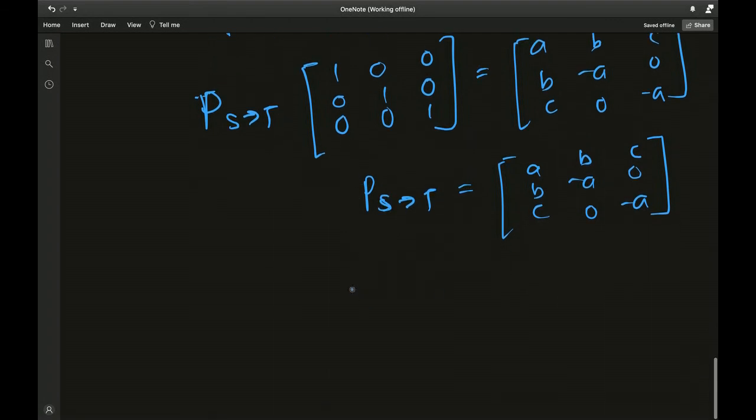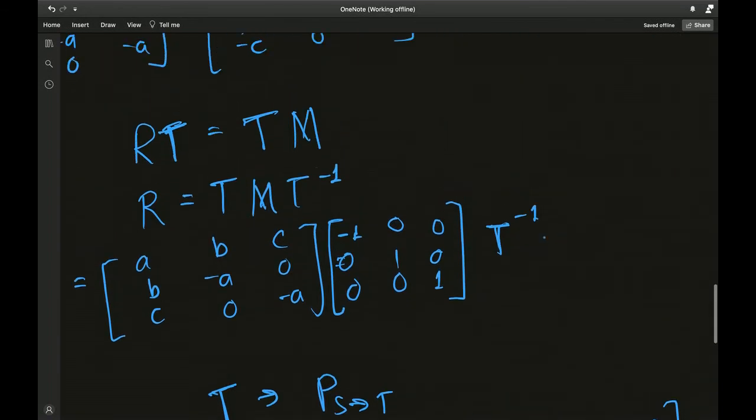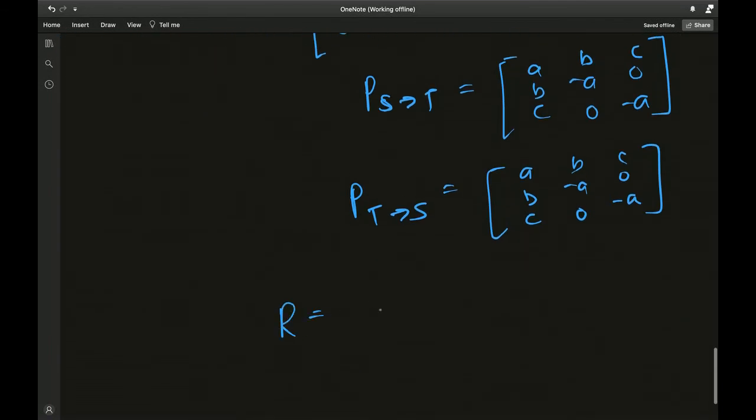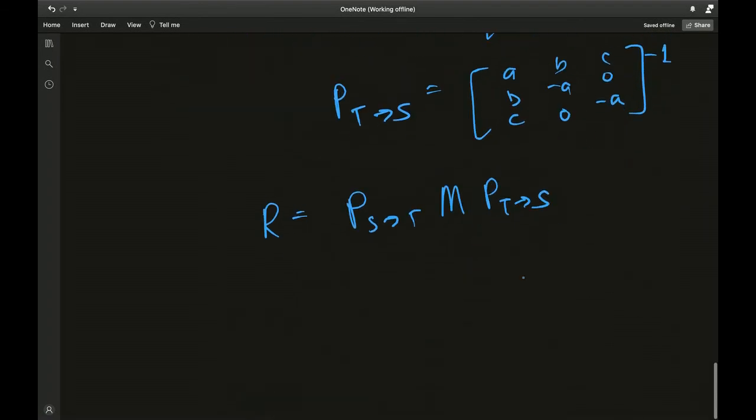And then the P inverse will basically be the transition matrix from T to S. We are undoing the process from S to T, so we'll have T to S, and that will be the inverse of this, which we intend to find, because if I write this equation for R, I'll have P from S to T, of M, and P from T to S. And I'm going to do the calculation for the inverse on a fresh page. See you there.